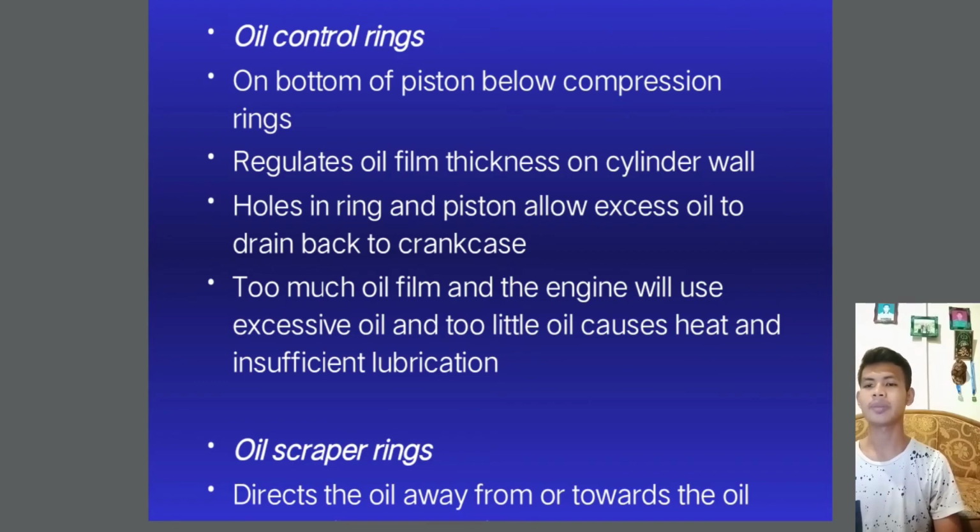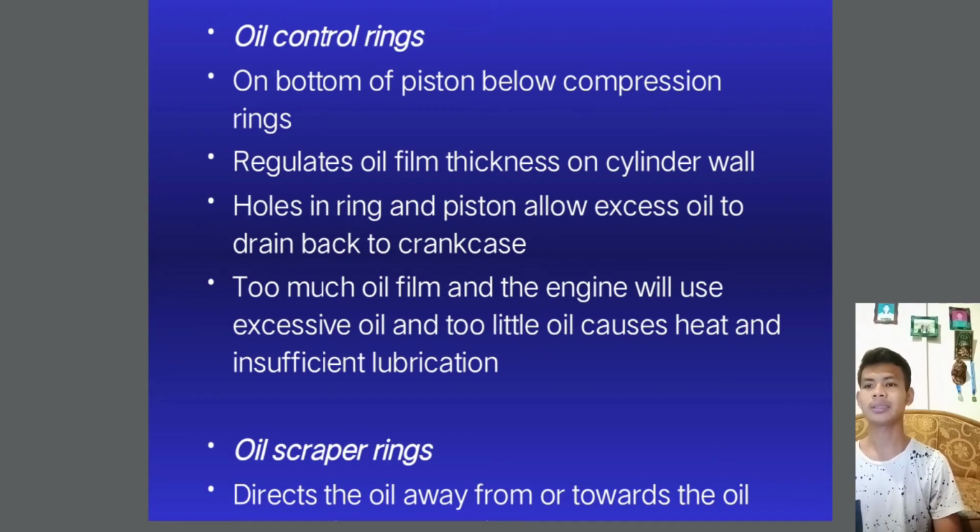Holes in the ring and piston allow excess oil to drain back to the crankcase. Too much oil film, and the engine will use excess oil; too little oil causes heat and insufficient lubrication. The oil scraper ring directs the oil away from or toward the oil control ring depending upon the requirement of the engine.